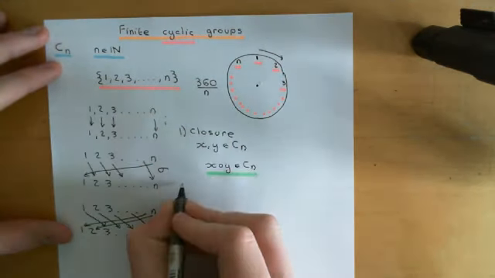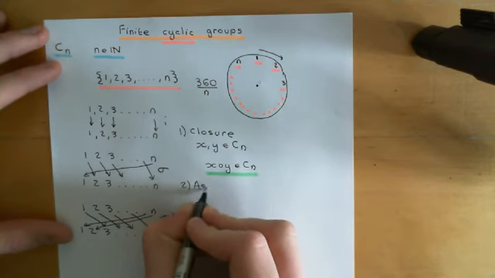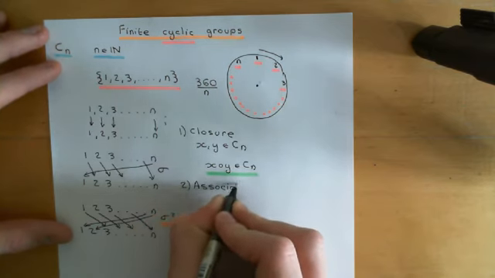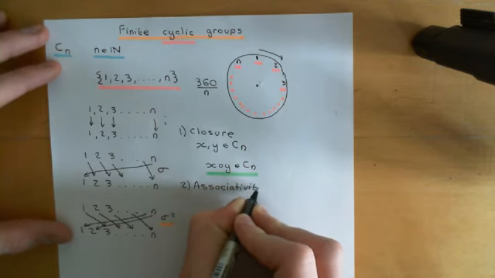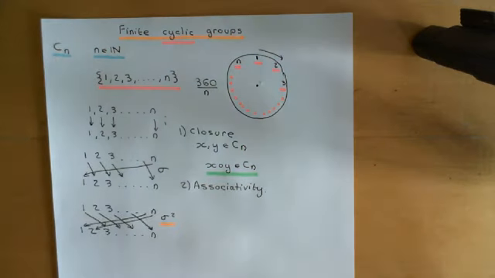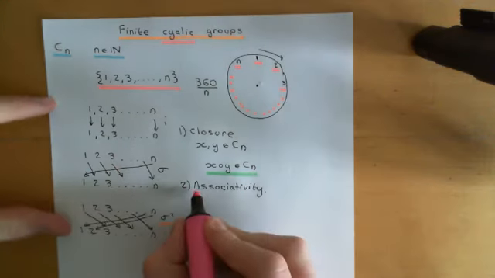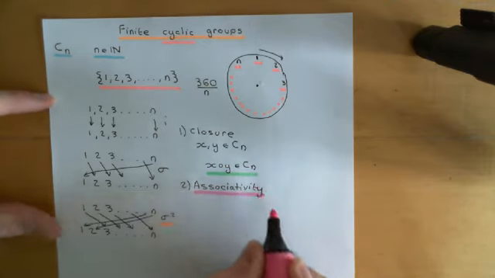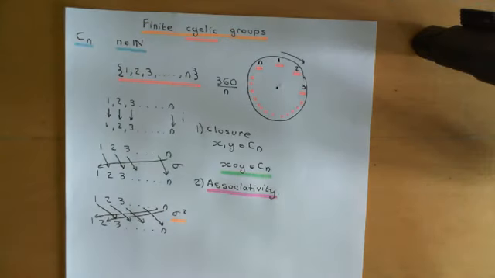Next up what we want to look at is associativity, the most subtle of the group axioms. Now, we get associativity because, again, we are just thinking about the symbols of our group as representing set permutations, and we know from our in-depth discussion in the video on the definition of a group that whenever you think of the elements of your group as representing set permutations of some set, and the composition of the elements of the group is just representing the composition of the set permutations which they represent, then you instantly get associativity.